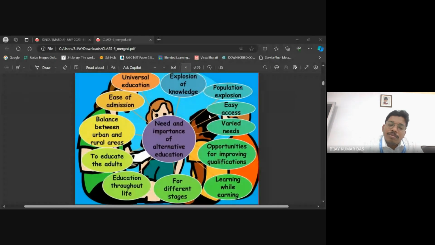Those who are interested to join a course but the seat is already filled, how will they take admission? So she will wait for another year to complete the degree? No, definitely alternative education, its importance, it is trying regularly on the basis of explosion of knowledge.